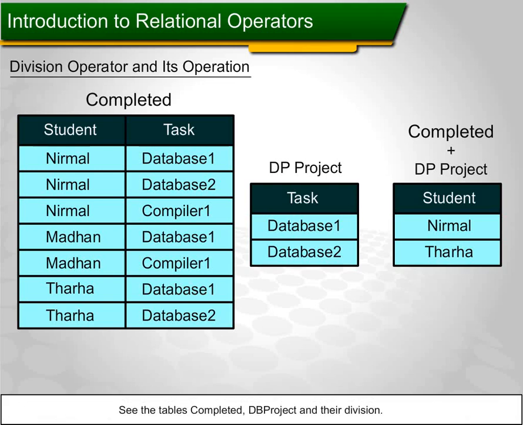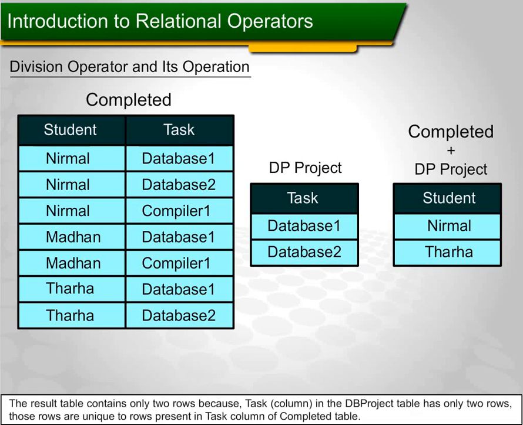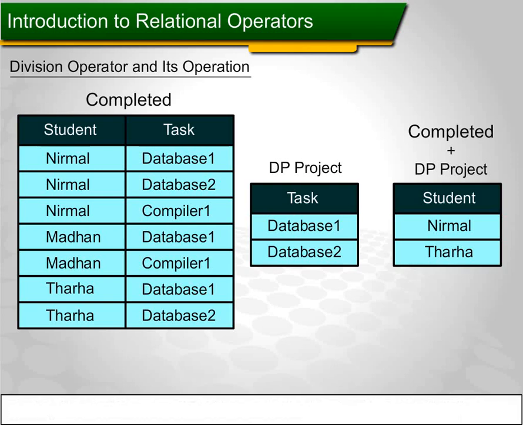See the tables completed, DB project and their division. In this, division of completed and DB project tables produces the result table. The result table contains only two rows because the task column in the DB project table has only two rows. Those rows are unique to the rows present in the task column of the completed table.